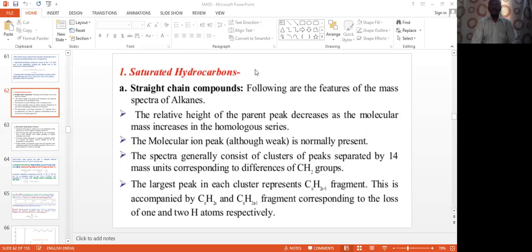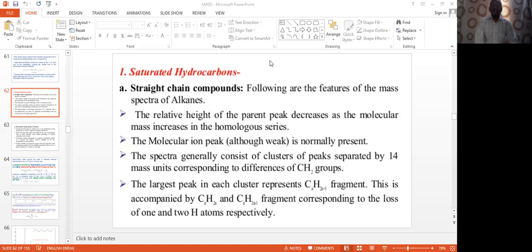Here, once you have data with you, how to go through the data and get the information about that particular analytical molecule. Okay, so here the first class we take is saturated hydrocarbons, and these are the following characteristics of the mass spectrum of alkanes.